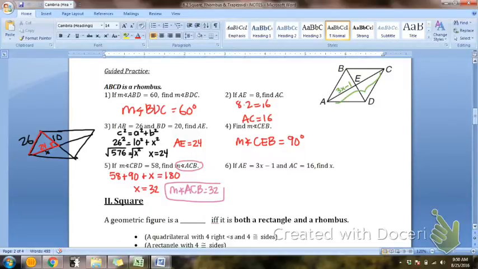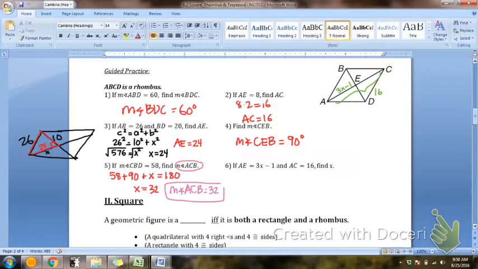That's a 16. Can you see that? There are two ways you can do this. Are we going to set 3x minus 1 equal to 16? Did you say yeah? No.